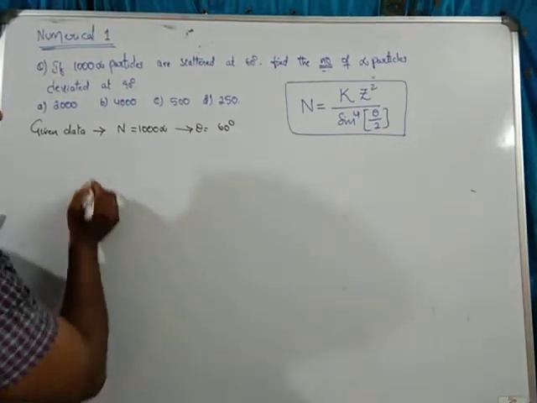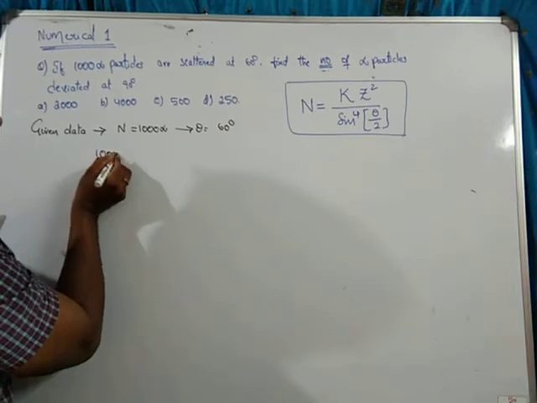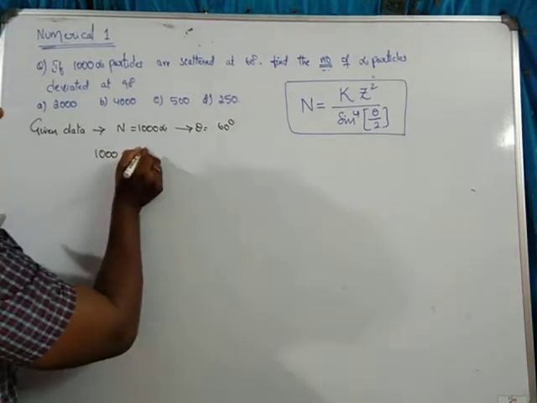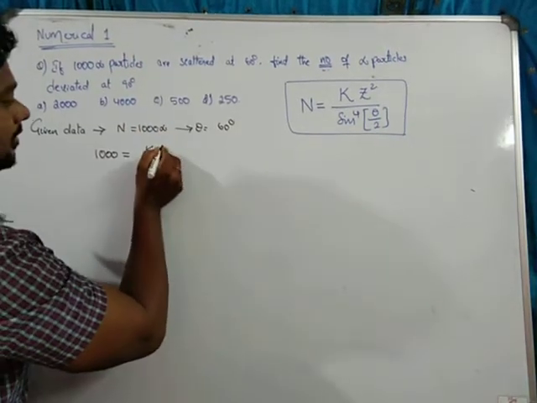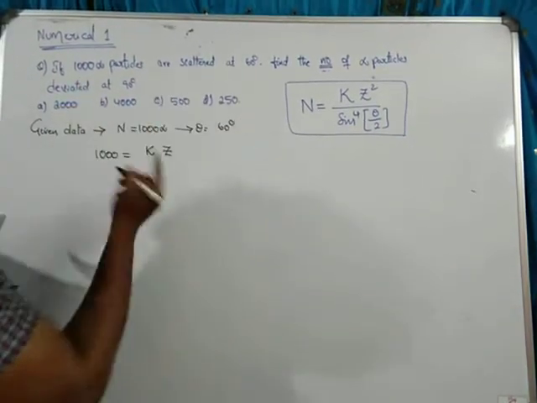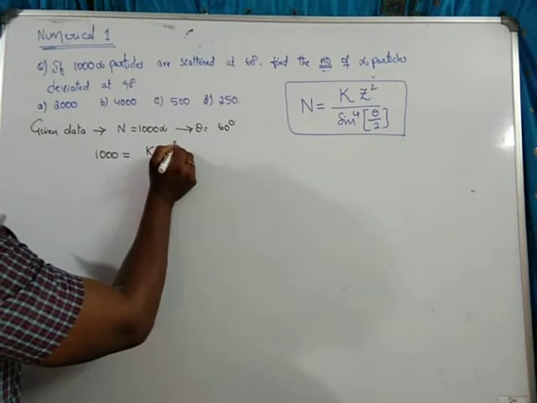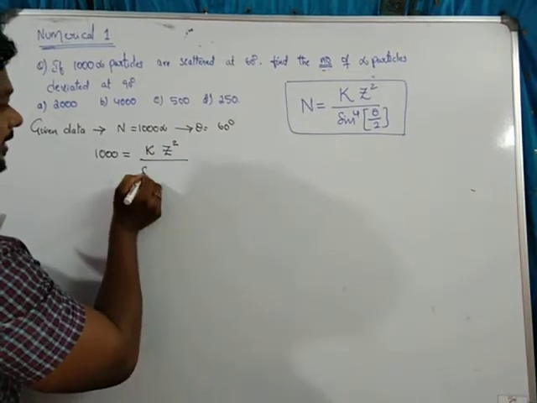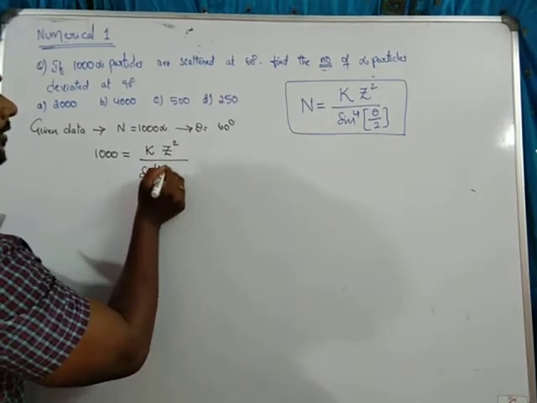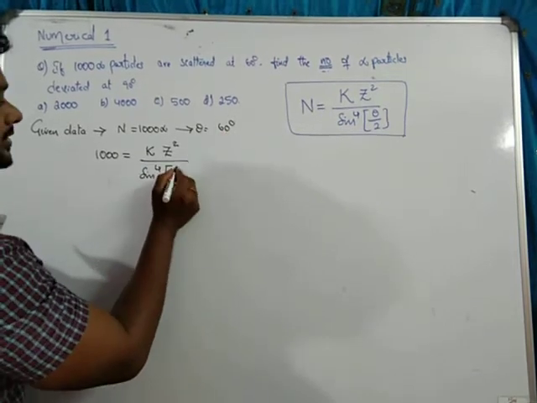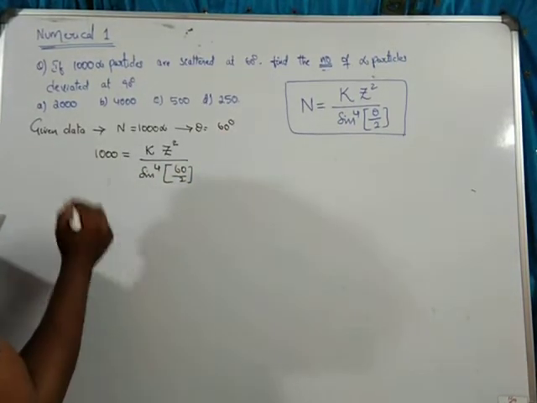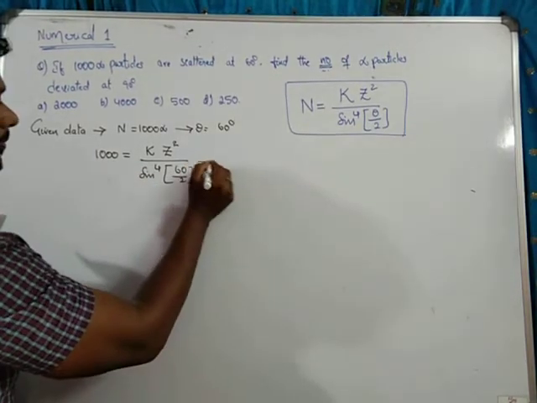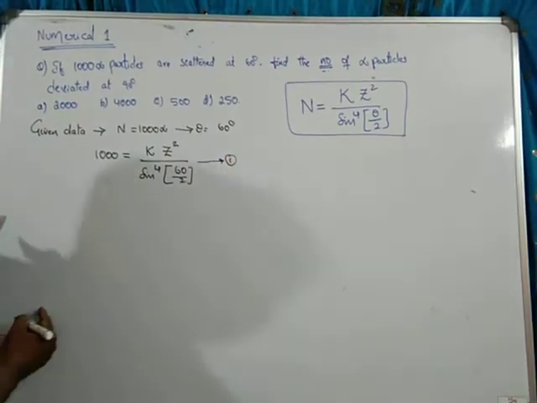So we are substituting the values. 1000 is equal to k Z square divided by sine power of 4, theta value 60, 60 divided by 2. They did not mention the constant or any atomic number, so we can write it directly. Represent this as equation 1.